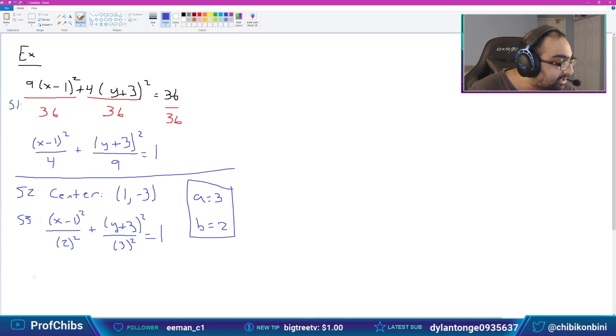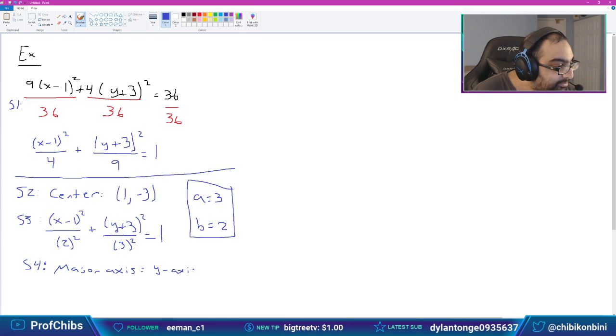Let's also identify our major and minor axes. Now that we've identified the center and we have identified A and B here, we need to find our major and minor axes. Once again here, what was our major axis again? So our major axis here is going to be the y-axis.